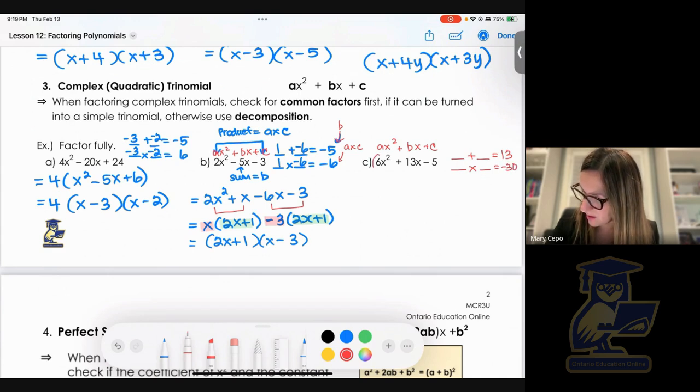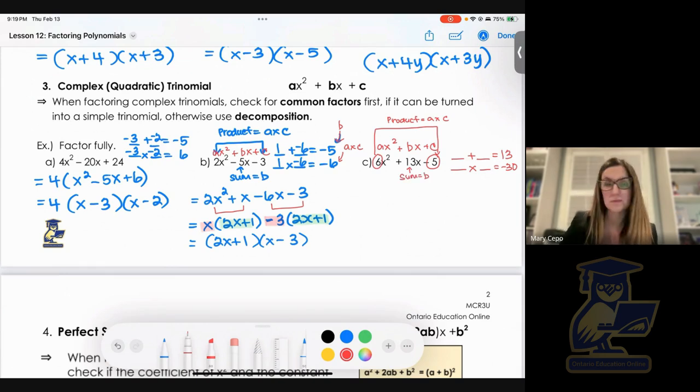So keeping in mind, this is my product, A times C, and this is my sum, which is equal to B. Okay. So if we look at two numbers multiplied together to give -30, those same two numbers added together give you 13.